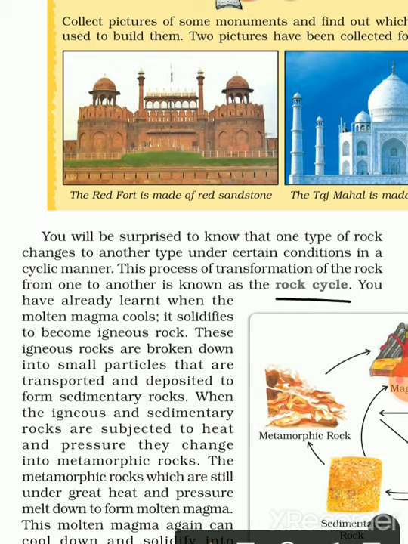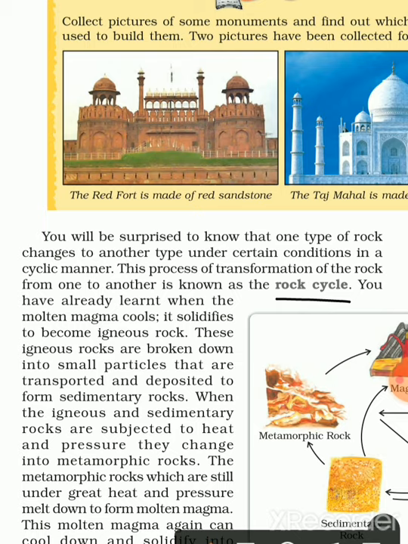About the rock cycle, you will be surprised to know that one type of rock changes to another type under certain conditions in a cyclic manner. Which conditions have we seen already? How the rock changes into another form. This process of transformation of rock from one form to another is known as the rock cycle.